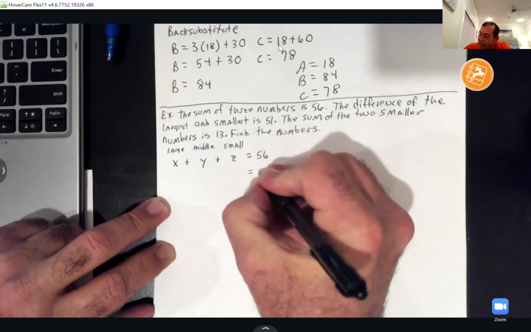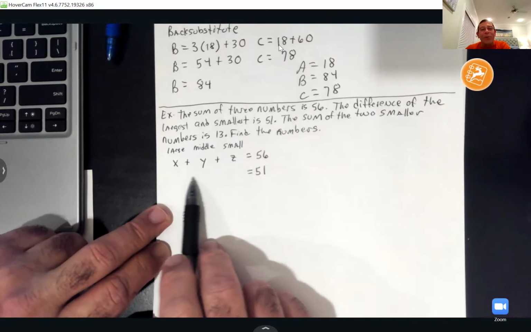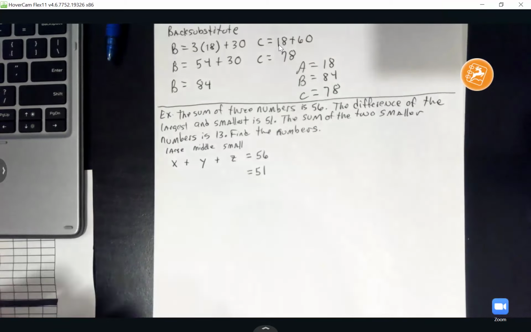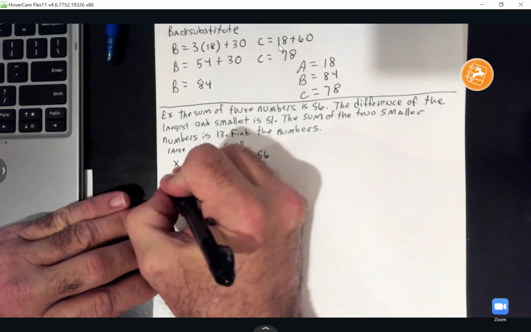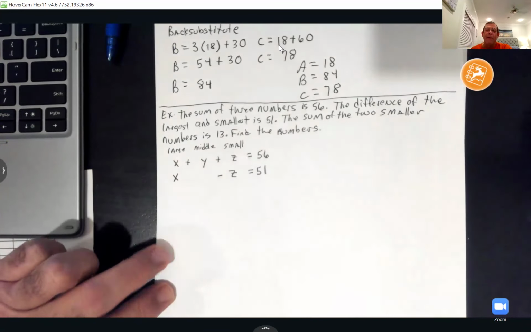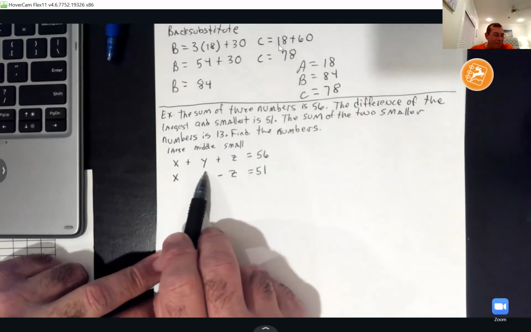So I know the right side is 51. What would y'all put on the left side for the difference of the largest and the smallest? X minus Z. X minus Z. X, good job, minus my Z, which means on the calculator, we're putting a big 0 here, okay?